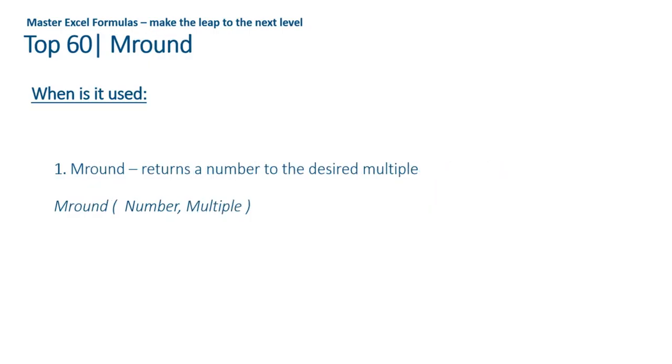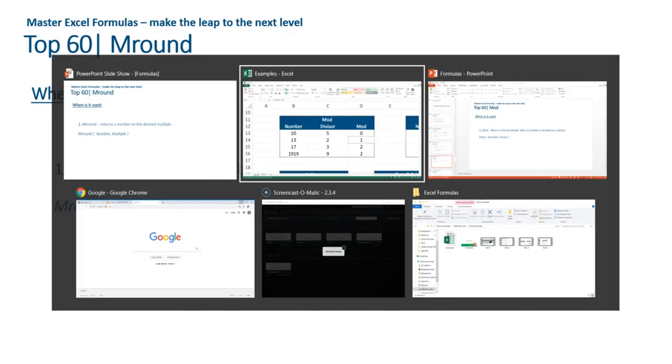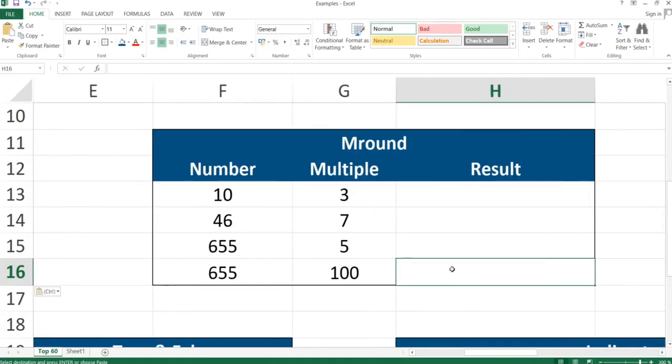The next formula is MROUND. This is a pretty good formula and I really like it, and you will see why. First of all, what the formula does is it returns a number rounded to the desired multiple. It might sound a little bit confusing at the moment, but you will see what I mean when I give you the example here.